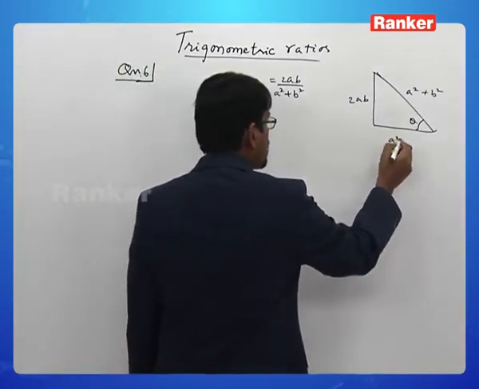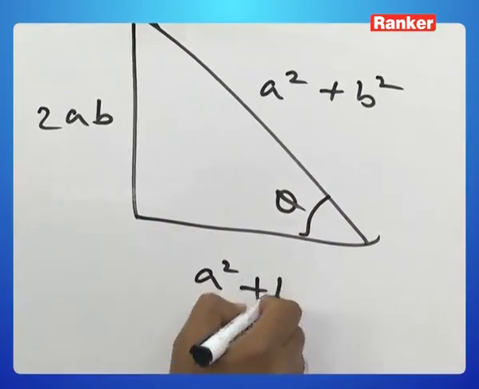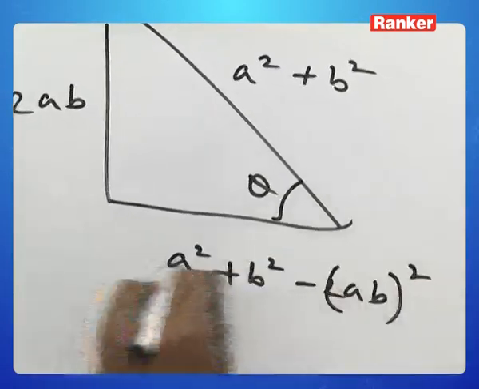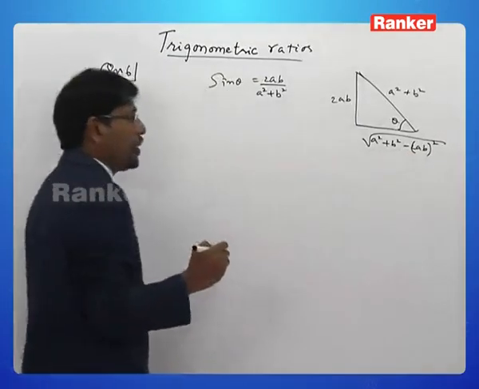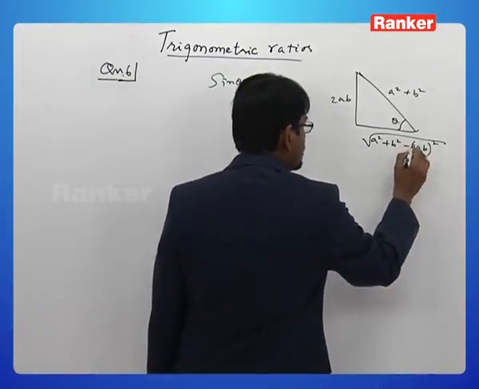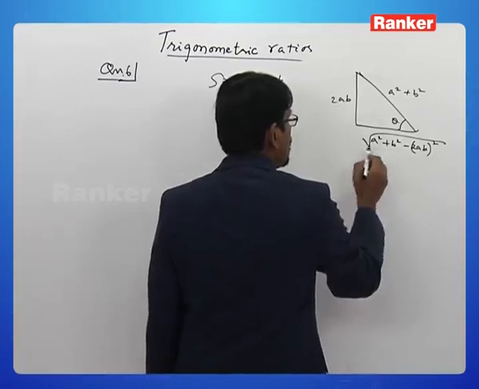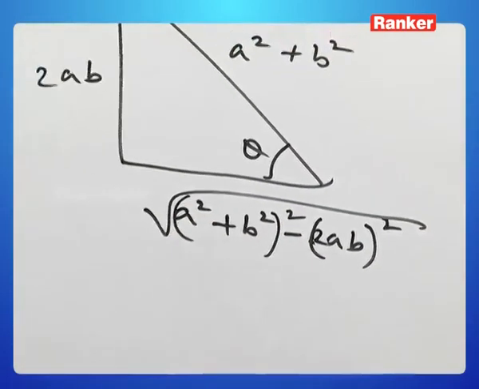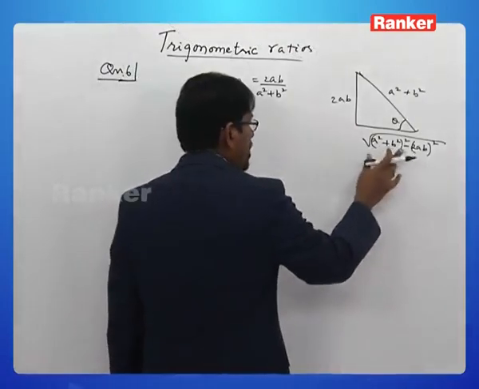So, what do we get here? We get a square plus b square whole square minus 2ab the whole square, under root.